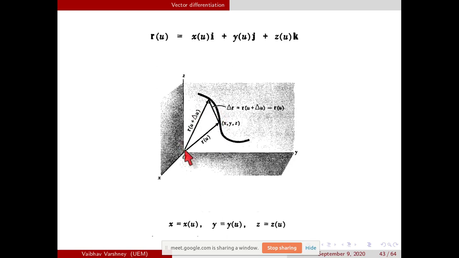Then we draw the vector of this point and take this as r of u plus delta u. Then again we can calculate this delta r by the triangle law of vectors, and this will come out to be the same as we calculated previously, r of u plus delta u minus r of u. This is this vector.